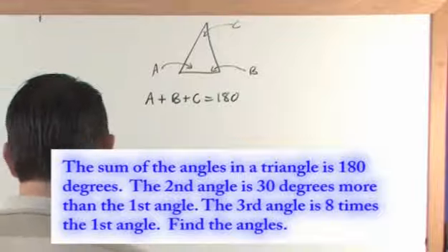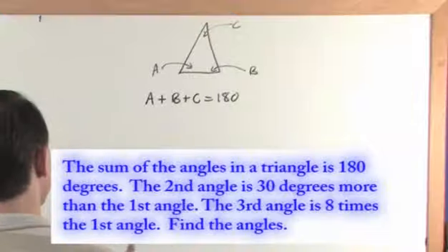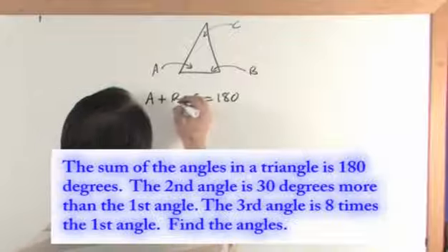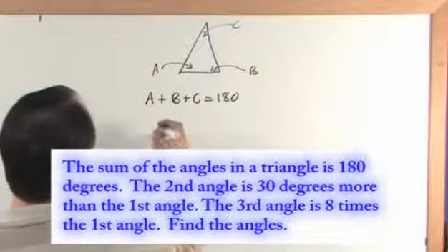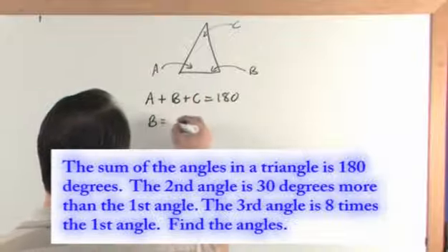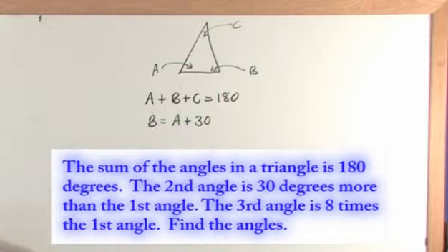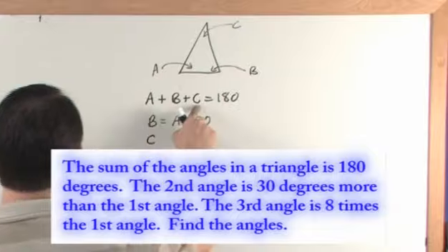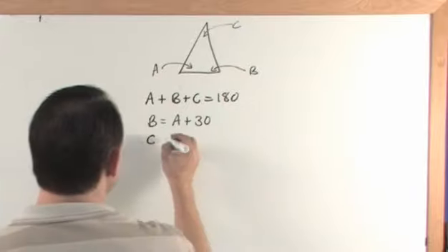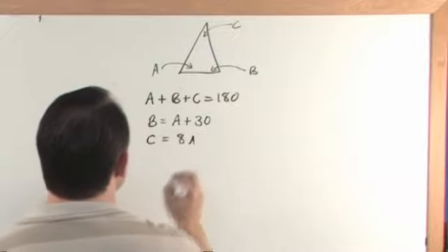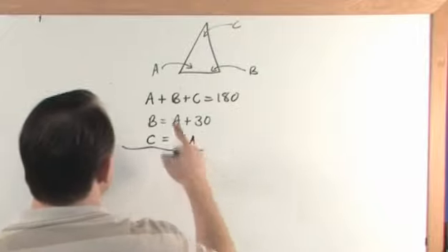The second sentence says the second angle is 30 degrees more than the first one. So I'm going to say that B is the second angle. The second angle, B, is equal to A plus 30. And then the third sentence says the third angle, which I'm calling C, is 8 times the first angle, so C equals 8A. You really just need to write the equations down.